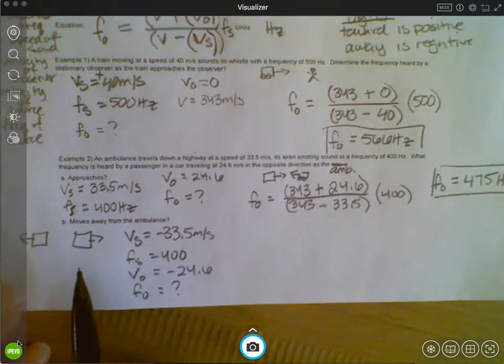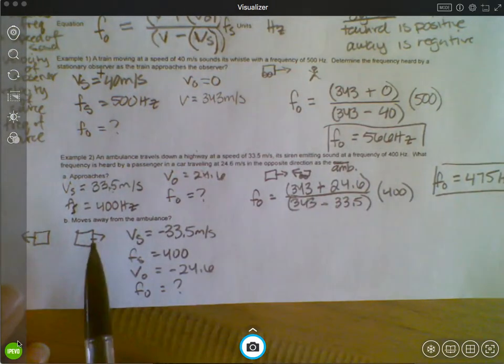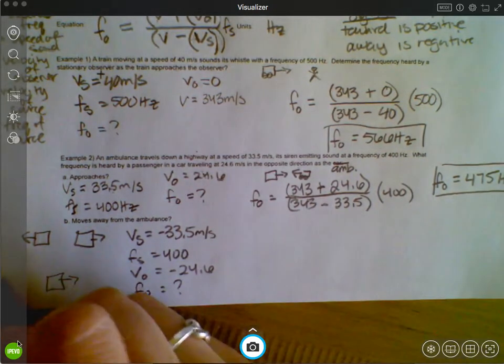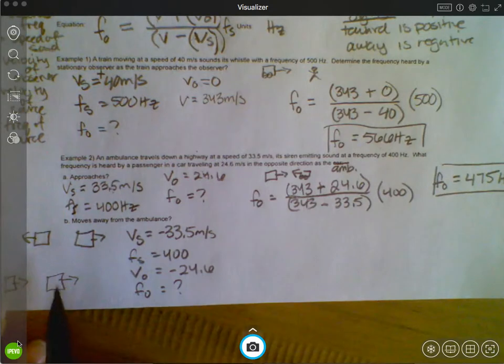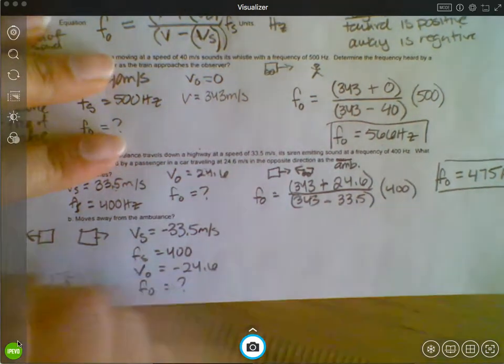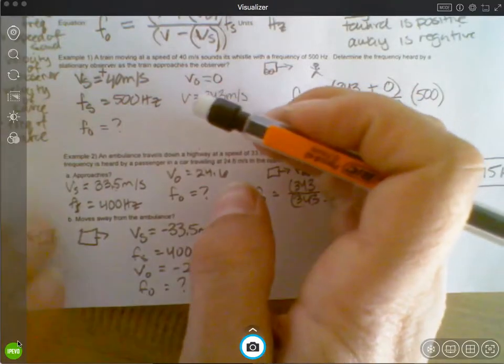Now, just as a side note, if this guy was going this way and this guy was going this way, this guy's going away, so it'd be negative. This guy's going toward, so it'd be positive. So it's not just because, in total, this guy's going away. No, this guy's going away, so it's negative. This guy's going toward, so it's positive. But in this case, they're both going away, so we're not going to deal with that.